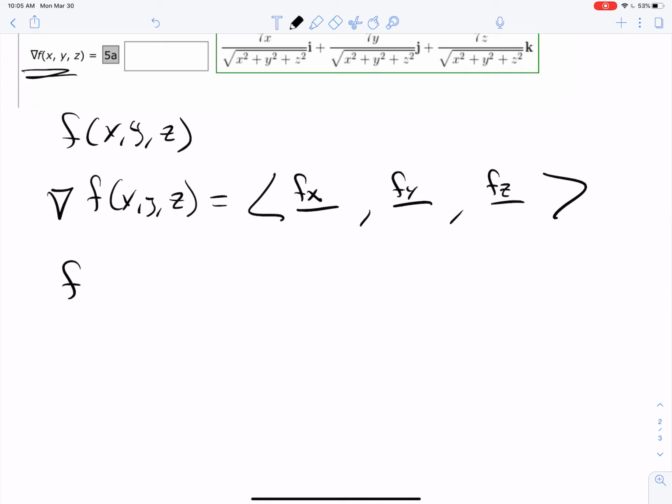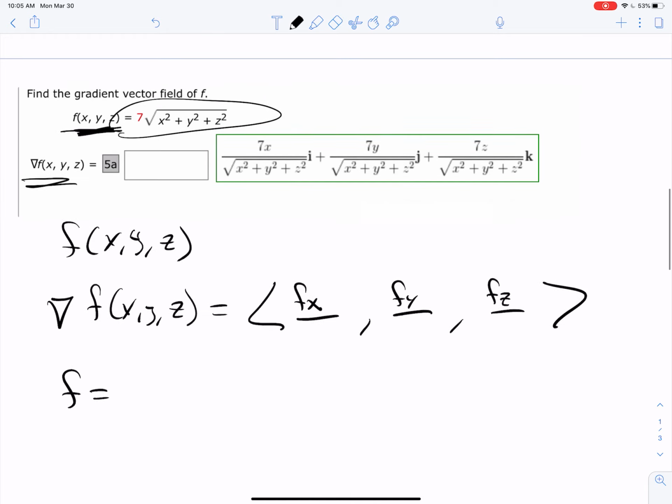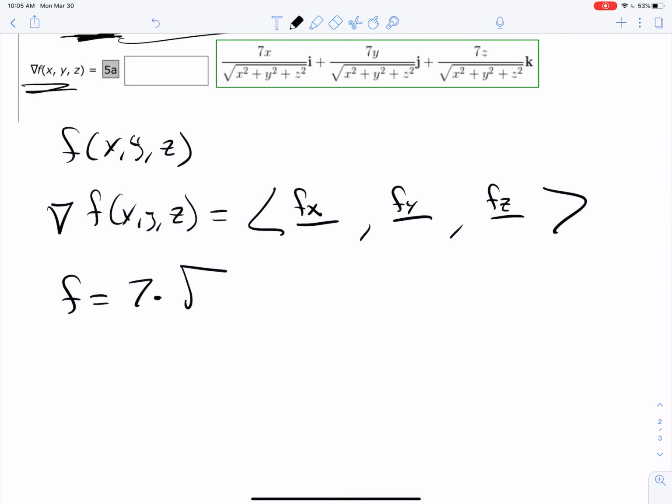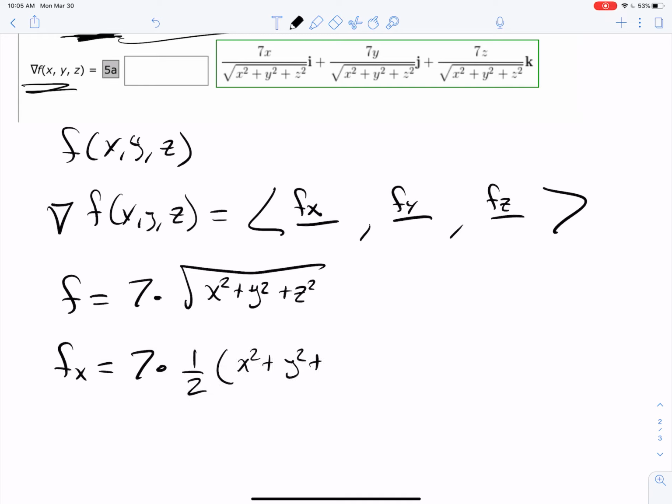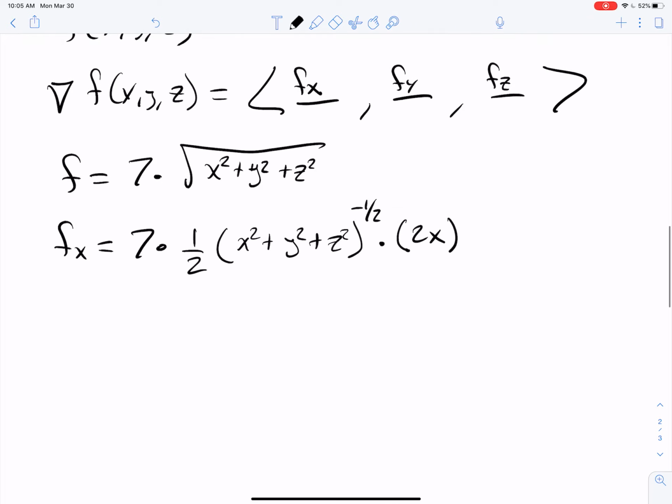So if f is the function 7 times the square root of x squared plus y squared plus z squared, then the x derivative would be 7 times 1/2 times x squared plus y squared plus z squared to the negative 1/2 times the derivative of the inside with respect to x, which is 2x.